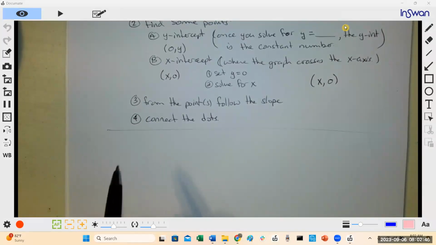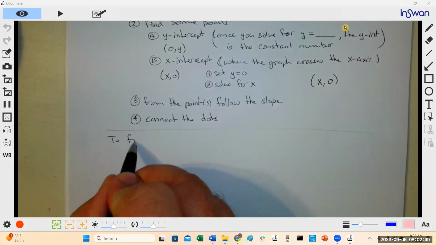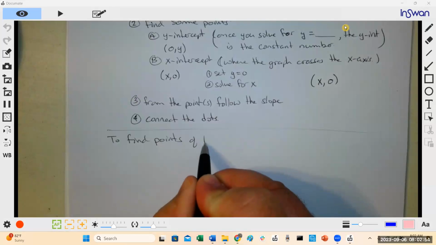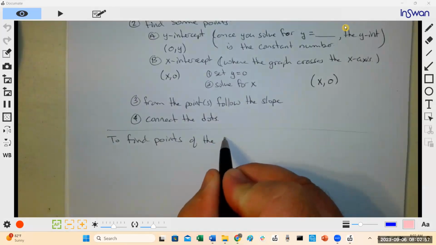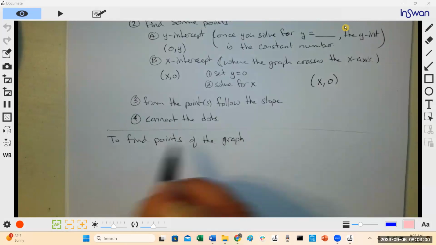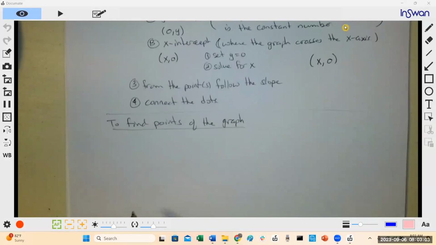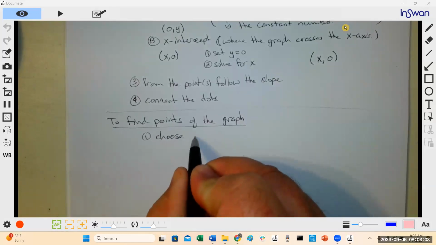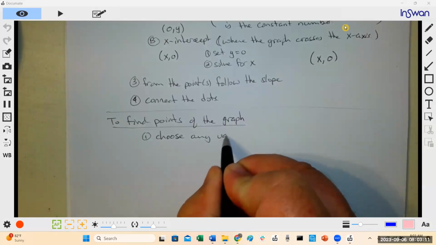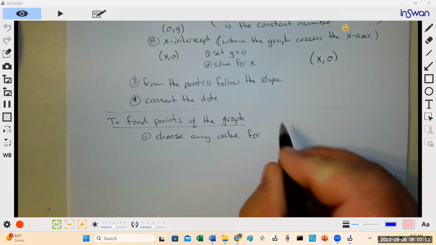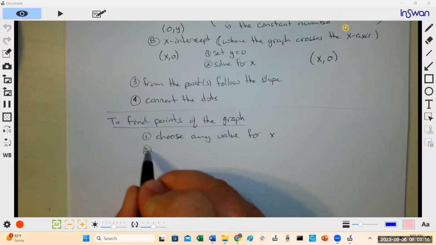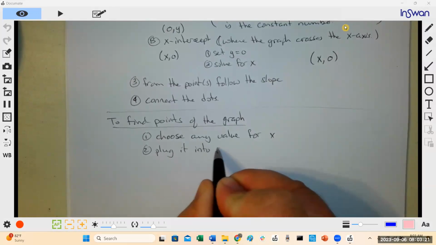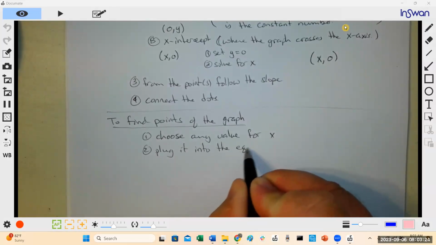Now, how do you find points? To find points on the graph, choose any value for x and plug it into the equation.